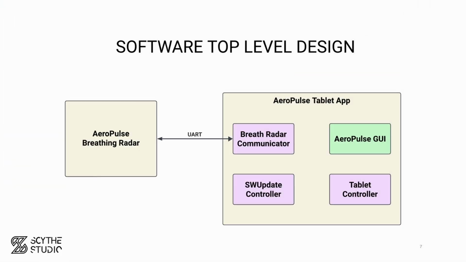Of course, that's a tip of an iceberg of your documentation, but there is a simple diagram showing us this idea of having software items and their interfaces identified. On the diagram, you can see main software items along with the serial port UART interface used to communicate between actual software running on tablet and the radar.